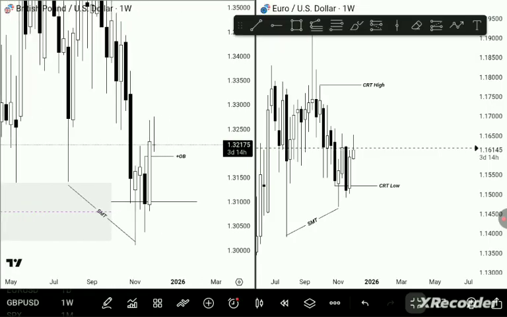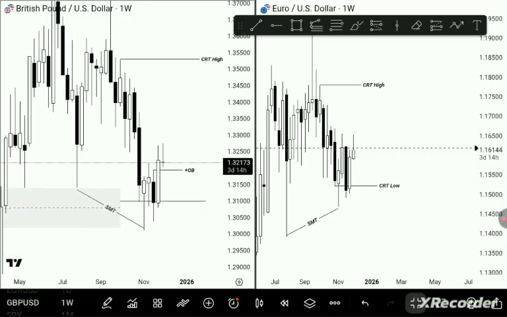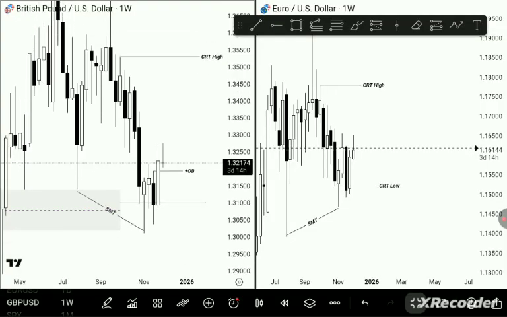What you see on the lower time frames is nothing to affect what's really going on, right? And what's really going on is what's going on the higher time frames. Take note of that, right? This video will be short but precise and straight to the point, right?